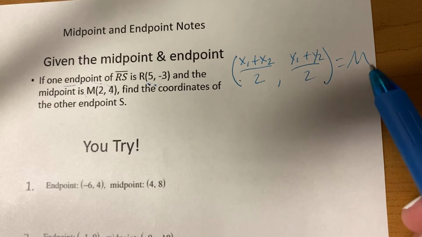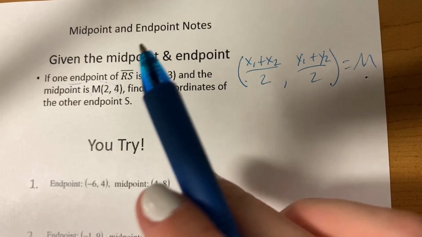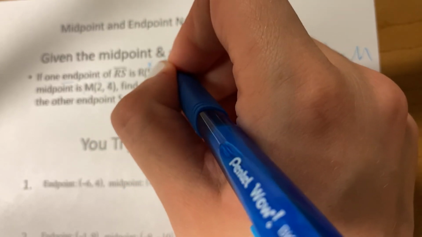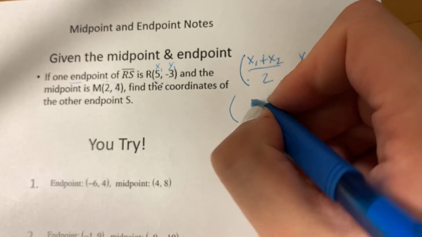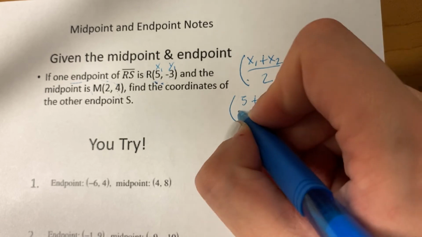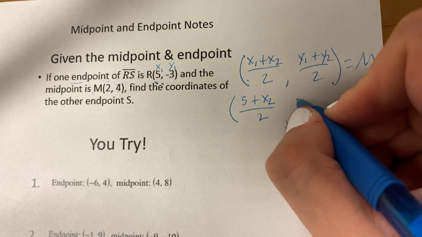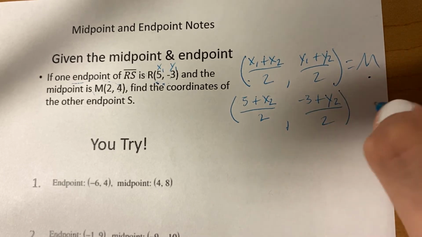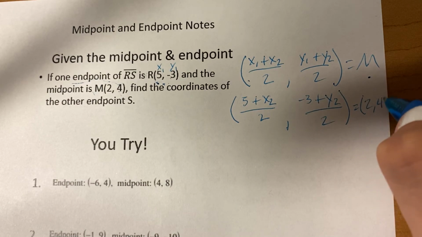So this time we're given m, and then we're given one of the endpoints. Let's label this one x(1), y(1), and we're going to plug that in wherever we see it. So 5, we're going to leave x(2) by itself, and then we're going to plug in -3 for y(1), and then we're also going to plug in our midpoint, which is 2, 4.